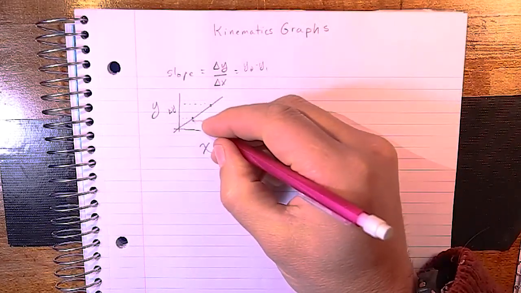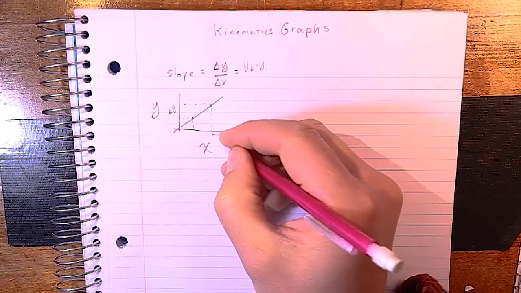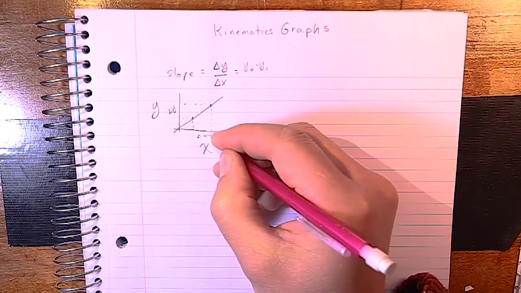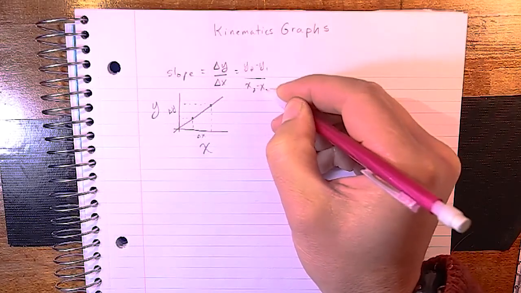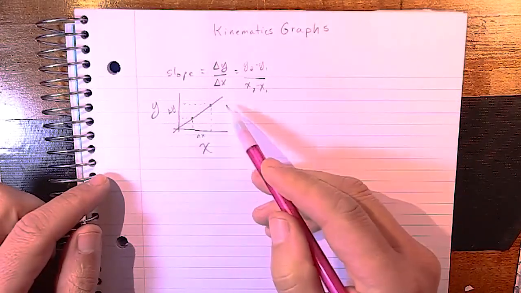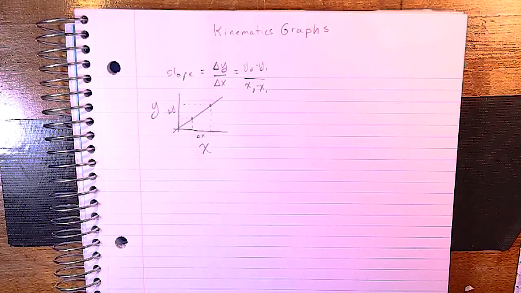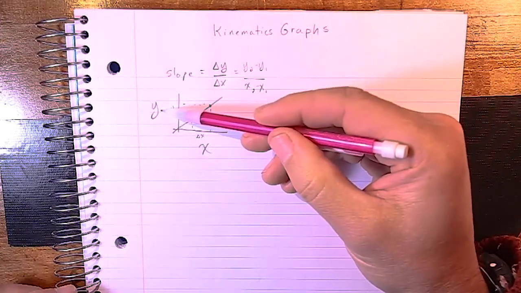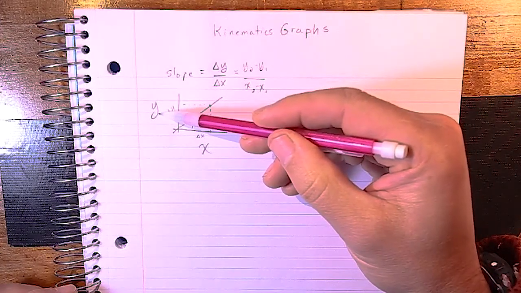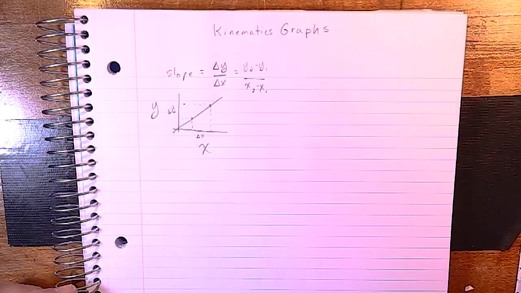If we follow these points down, then we have our x2 minus our x1, which gives us our delta x. And that's the slope of this line. That's going to be true for any graph. When we get into the kinematics graph specifically, this will be replaced by distance, velocity, or acceleration.